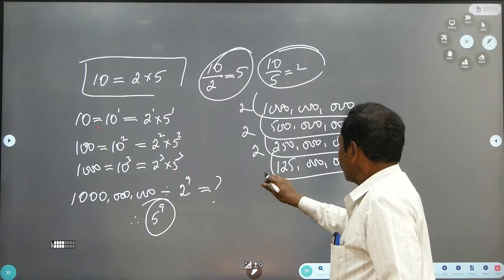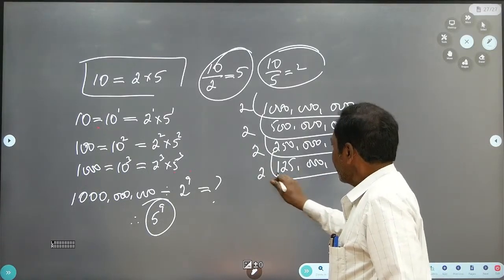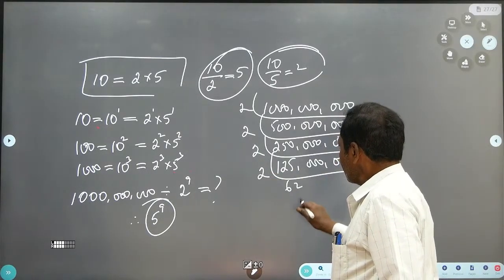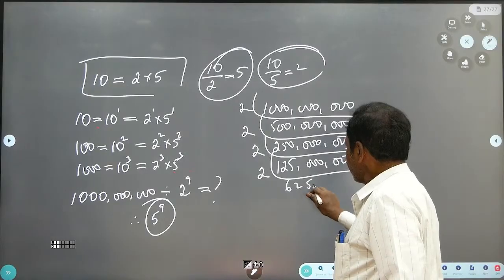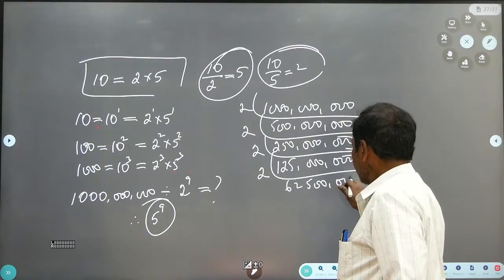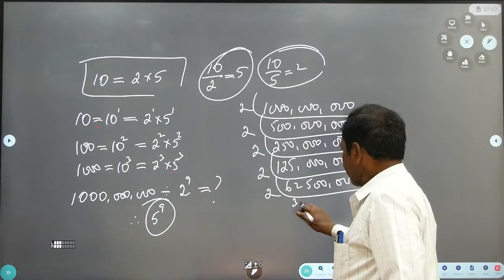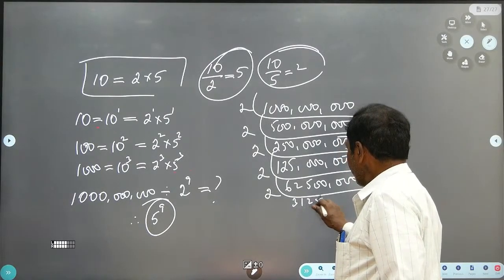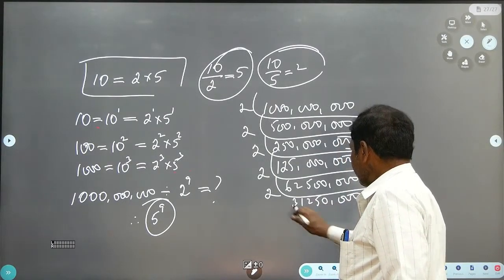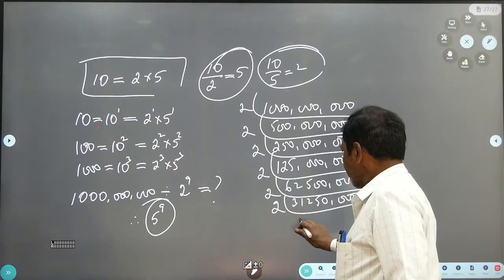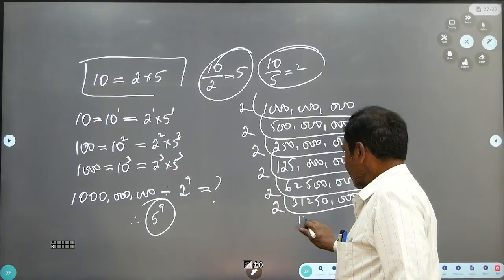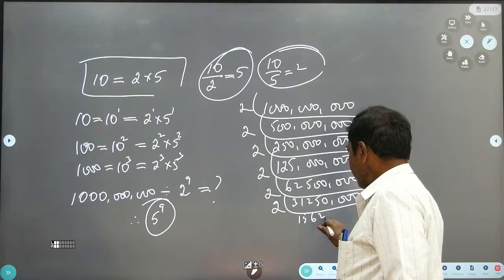Again, you will start. Again it is an even number only. 2, 6, 2 2s, 2 5s. Again it is an even number only.